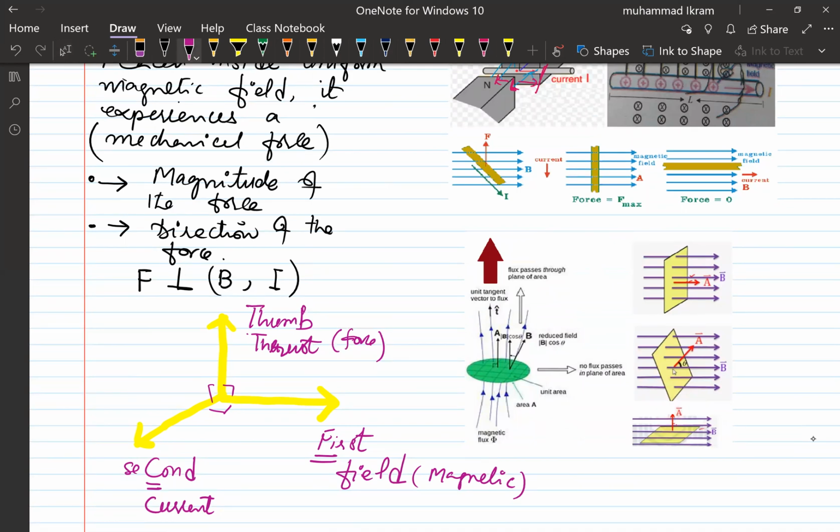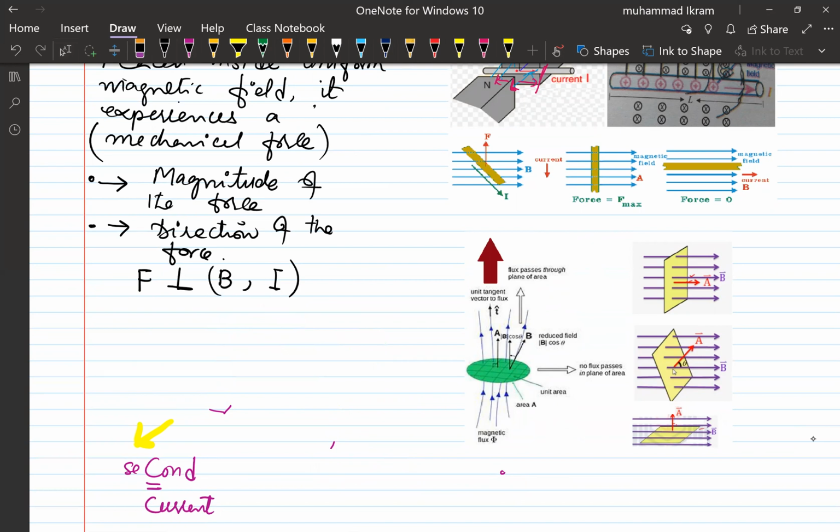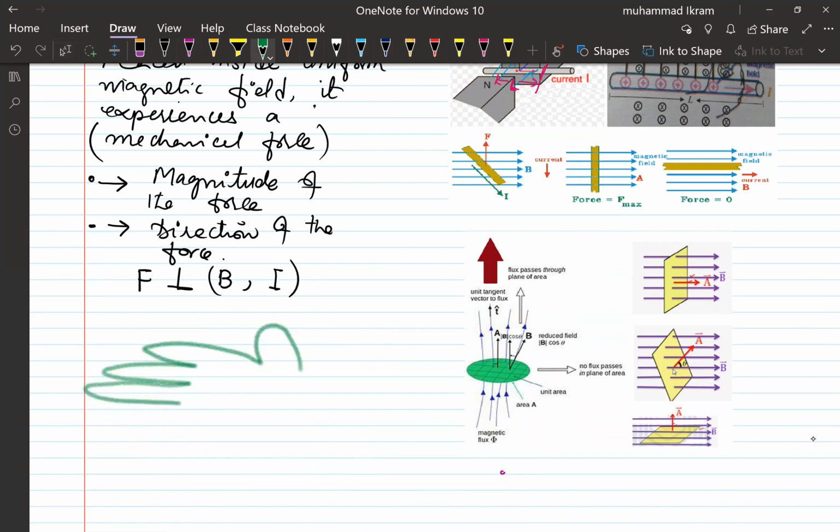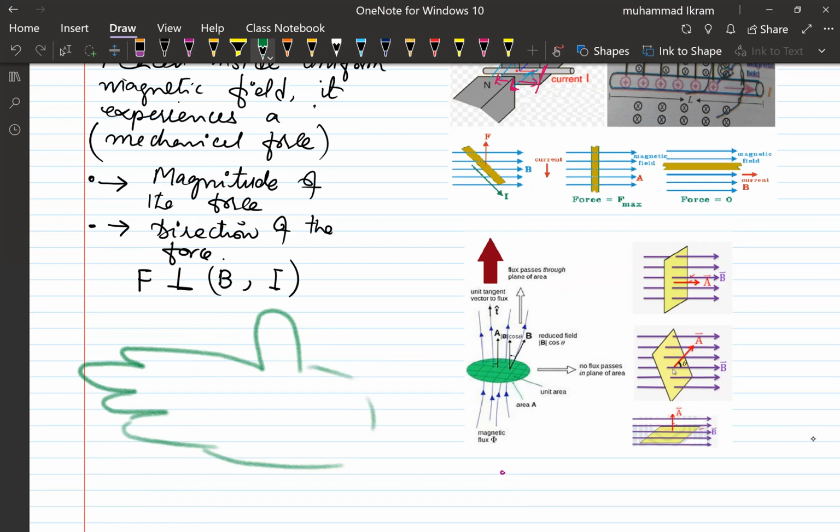If you want to use the right hand palm rule, then let us do that too. Very easy. For example, if this is your right hand, these are, for example, the fingers. Oh my God, very poor drawing. Like this, and then this, like this, as you see.